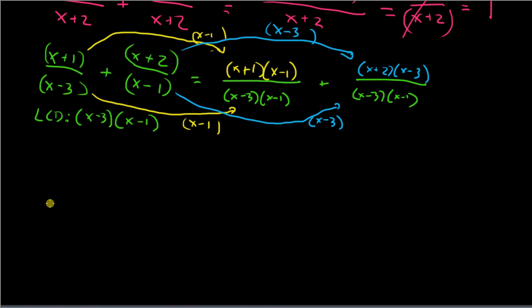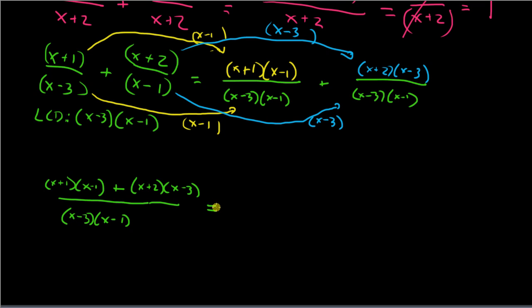So what we can do now, since they have common denominators, is keep the denominator, (x - 3)(x - 1), and add the numerators. So that's going to be (x + 1)(x - 1) plus (x + 2)(x - 3).